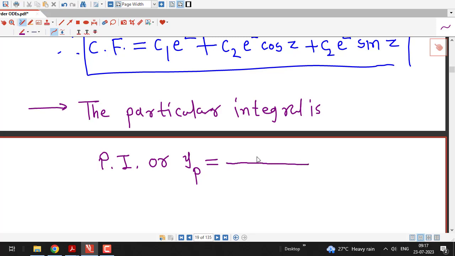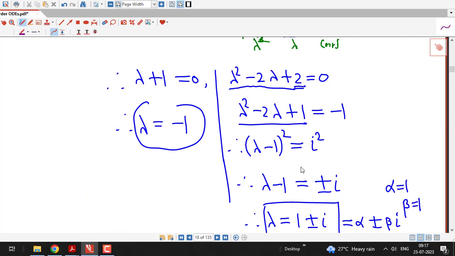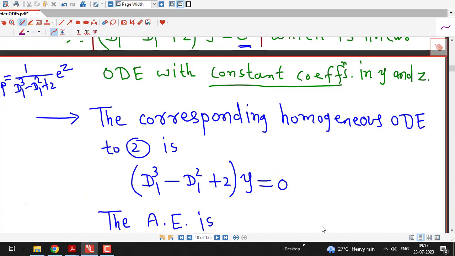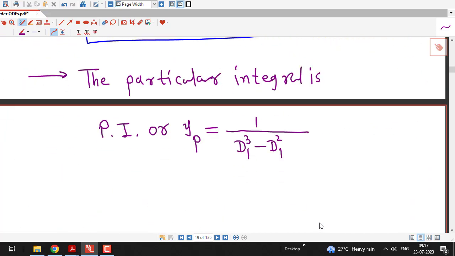So yp equal to 1 over D1 cube minus D1 square plus 2, and that we have to apply to e raised to z.